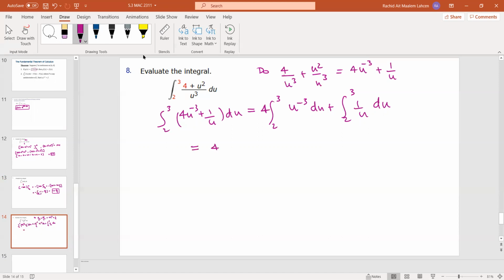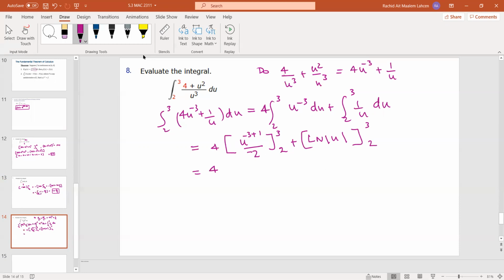So now the antiderivative for -3, this power here, is going to be that plus 1, right? Which is -2. And it's going to be 3 and 2. And of course, these two are positive, so they'll work without the absolute value.